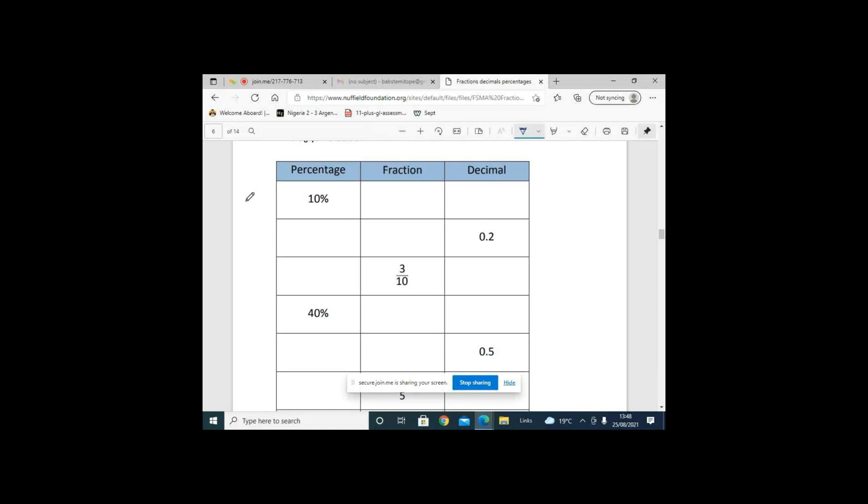These questions are numbered 1, 2, 3, 4, 5. Let me just edit this one here. So Placidia, can you do these questions, please? The first one is asking me to turn 10% into a fraction. Yes, and what's the decimal?